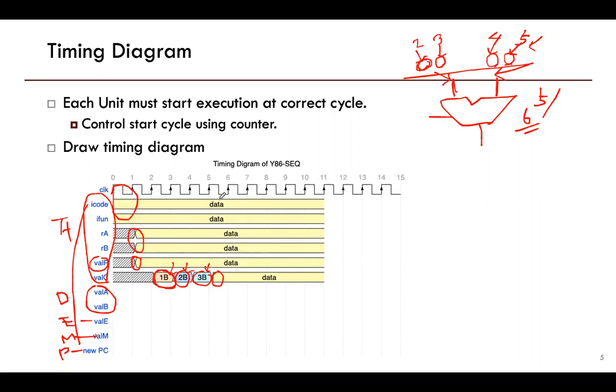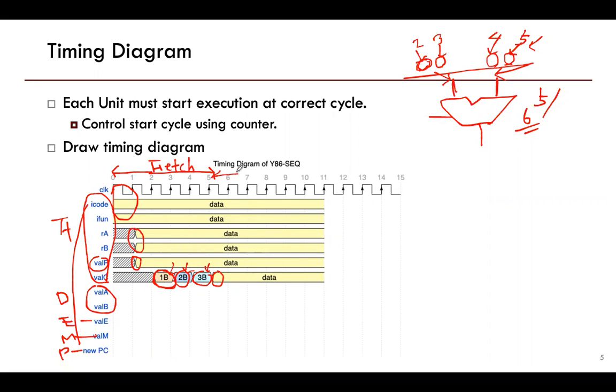Then we consider the fetch unit stage finished at cycle 5. So from cycle 0 to cycle 5, the fetch unit worked.